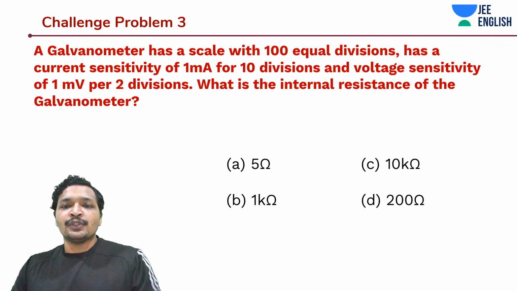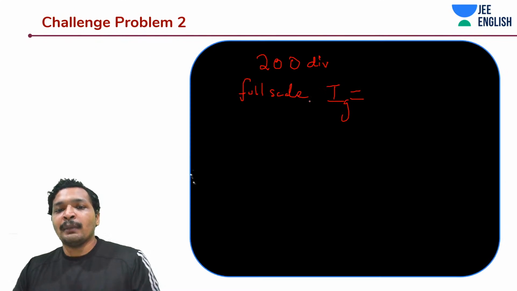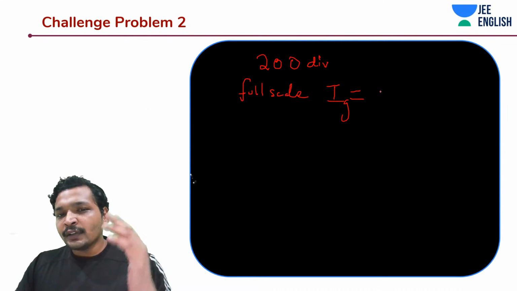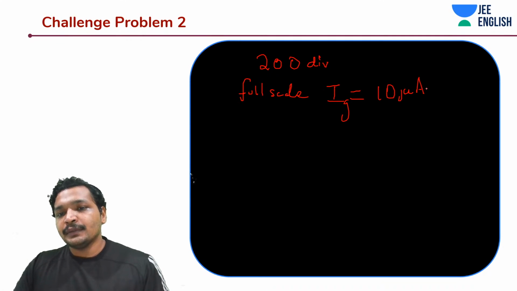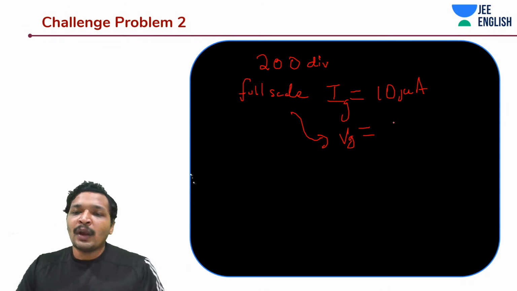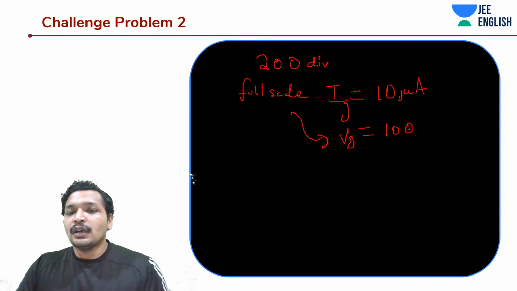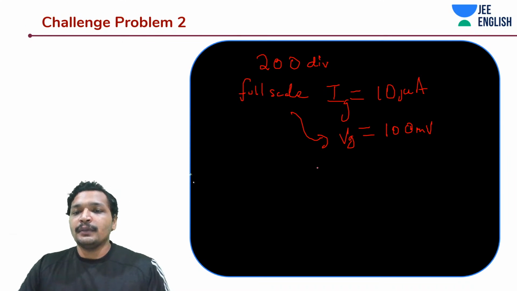For 10 divisions you have 1 milliampere, sorry, for 20 divisions you have 1 microampere. For 200 divisions you will have 10 microampere. Similarly full scale voltage: for 2 divisions you have 1 millivolt, for 200 divisions you are going to have 100 millivolt.